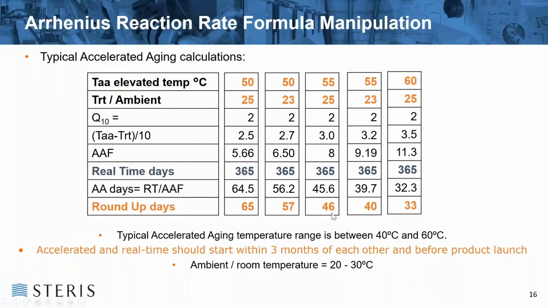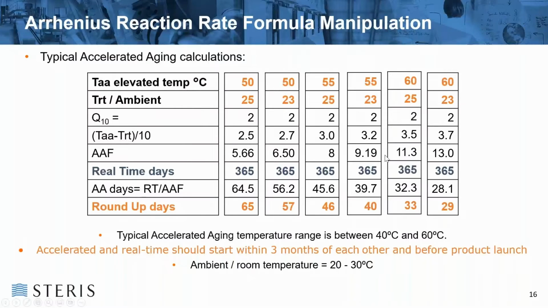And again, you can play around with the figures until you get to what you want to establish as your accelerated aging duration. The problem with that is that you have to justify what you're doing and every change that you make. You have to justify your aging temperature, you have to justify your ambient temperature, and you also have to justify what Q10 value you're using.